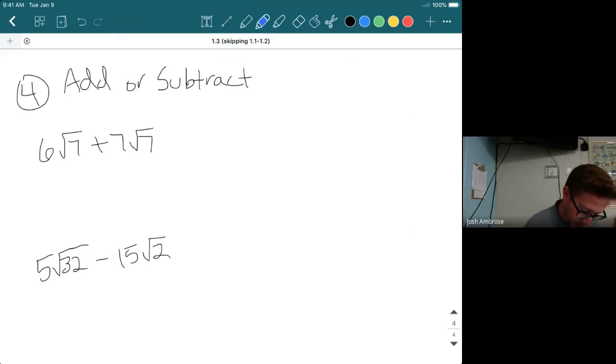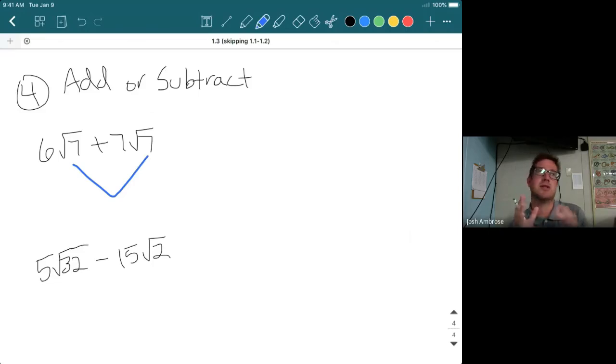You like if the square roots are the same number, okay? Think of it like this. If they are the same number, it's just like having the same variable, okay? Can you put 6x with 7y? No, you can't. But you can put 6x with a 7x. So it's the same concept.